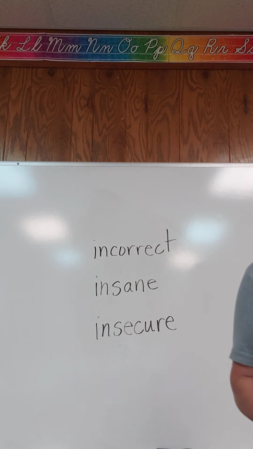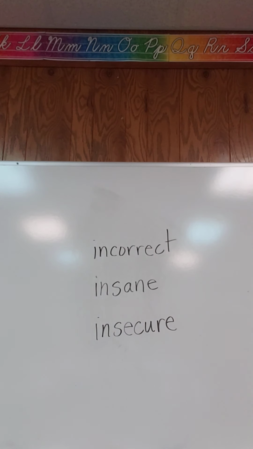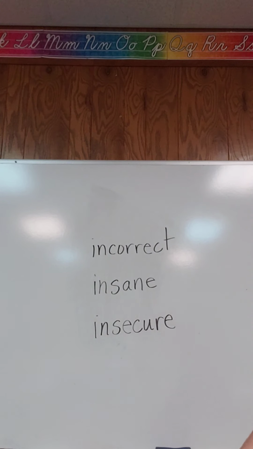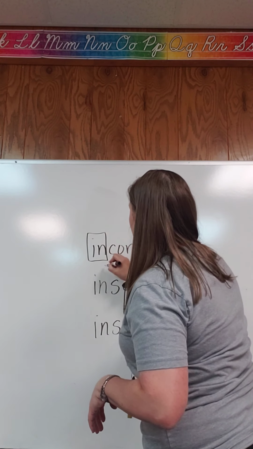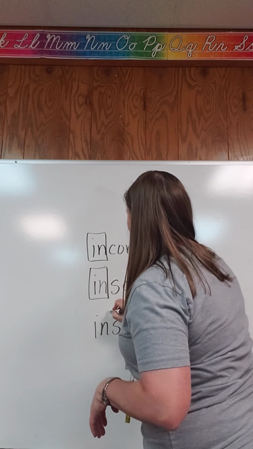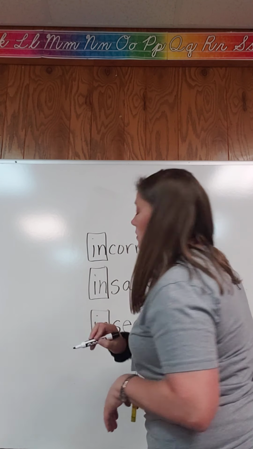Okay, take a look at these three words. See if you can figure out what they say. See if you can identify the prefix on each of those words. Okay, if you said to box in, you are correct.